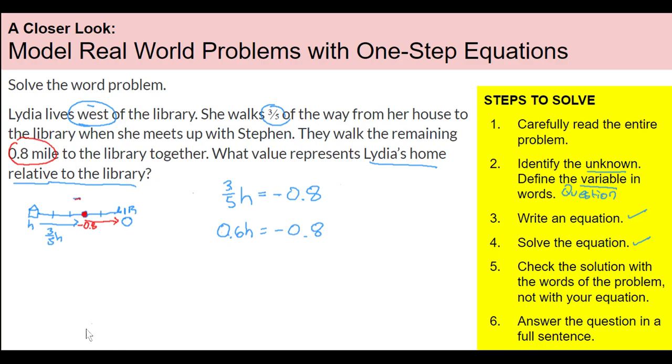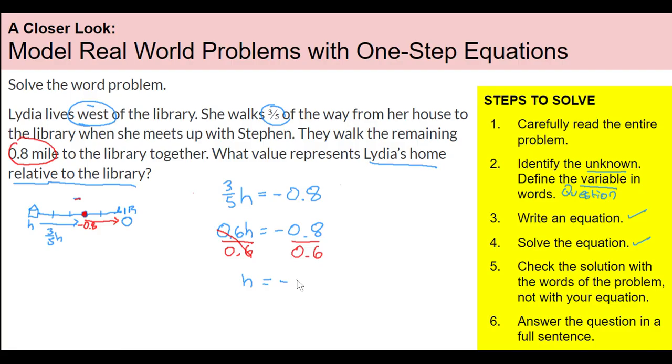Okay, what are we going to do now? We need to get rid of the 0.6. So to get rid of that 0.6, I'm going to divide by 0.6 on both sides. They cancel out. So I'm left with, get the variable by itself, h equals, negative divided by a positive, which is going to be a negative.